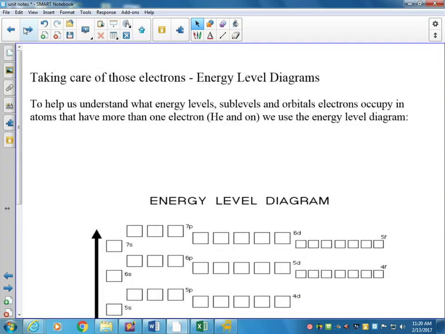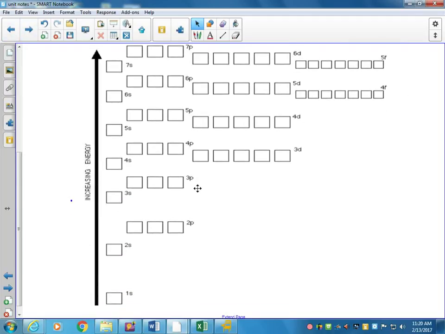That brings us back to this energy level diagram that we have here. I left you some time to fill this out last day. Most of you have this done up. Now, this goes all the way to 7s, 7p, so all the way to 7p.